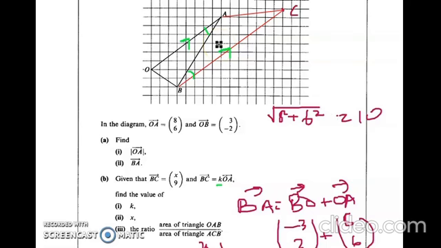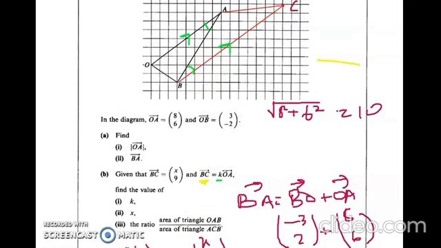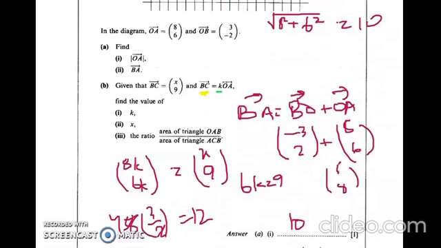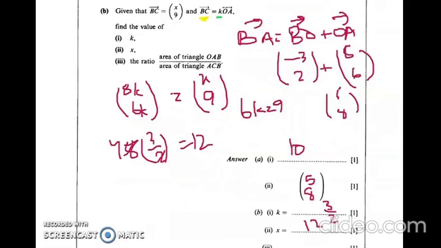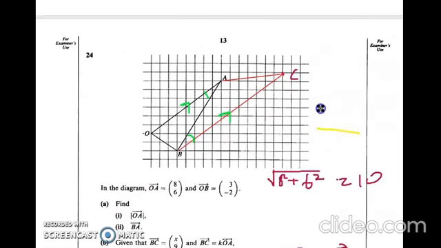Okay, so OAB. Now, we know that the line BC is bigger because K, what is K? K was 3 upon 2. Right? It's 9/6, that is 3 upon 2. Now, we know that BC is bigger. But what about the area? The length of BC is bigger, and for area, we square it. So 3 upon 2 squared.